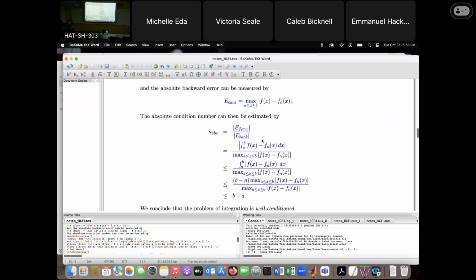The third inequality. From here to here? Yes. Okay. So, if you think of this integral as like area under a curve, the area of this region has to be less than or equal to the area of a rectangle that has the same width as this region, b minus a, and the height would be the maximum height of the region.